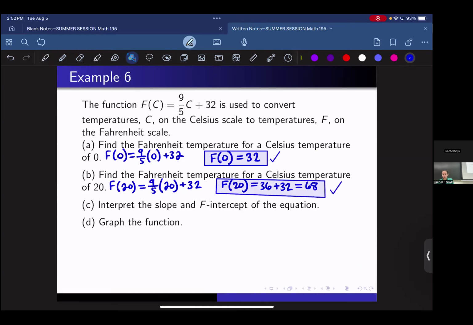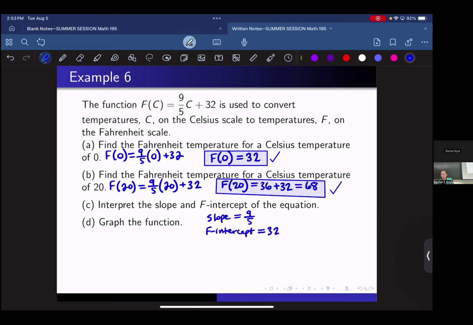And now it says interpret the slope and F-intercept of the equation. So our slope here is equal to 9 fifths. And our F-intercept, aka our y-intercept, is equal to 32.